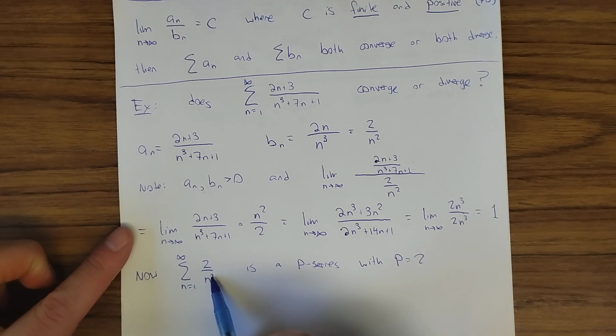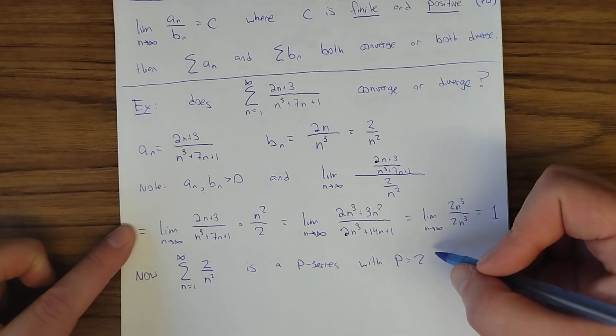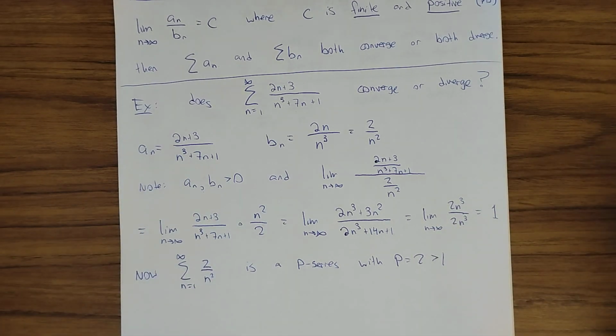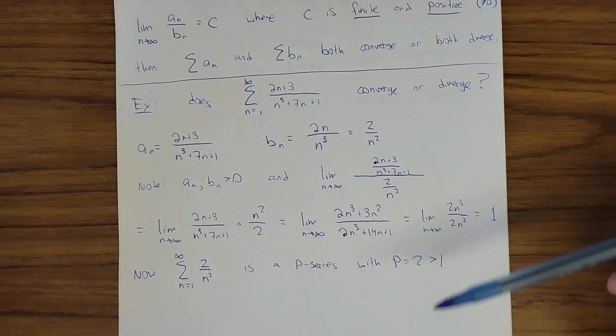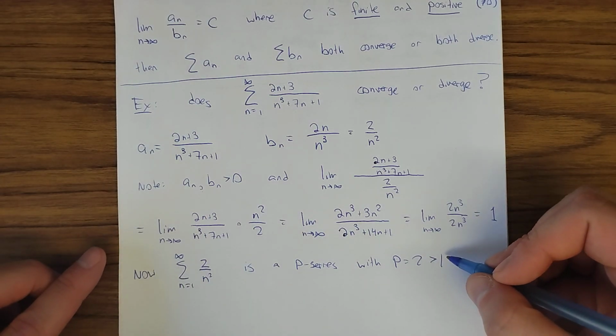The important number is the power of n. So this is like a p-series with p equals 2. And we recently learned that a p-series converges as long as p is greater than 1.